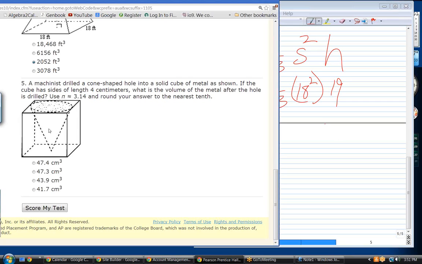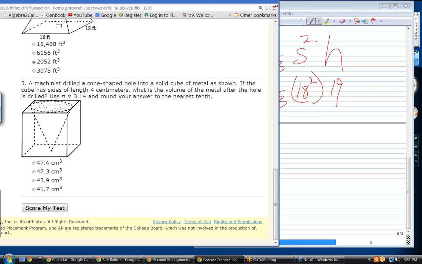Okay, so this is a shaded area problem. They want the volume of the metal that's left over after a cone-shaped hole is drilled into it. So how are we going to figure out this volume of this other area here? I don't know, because it doesn't give you any dimensions.